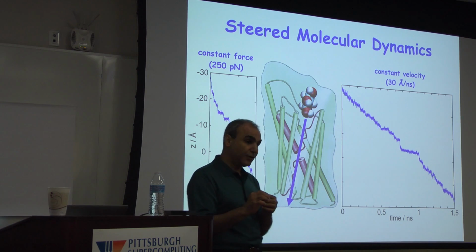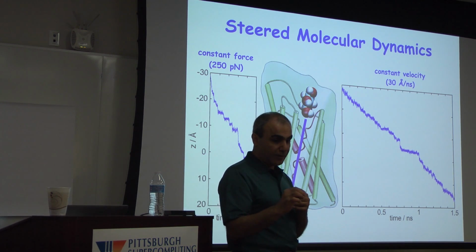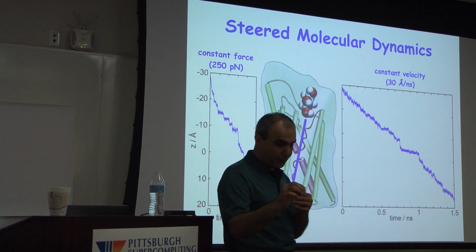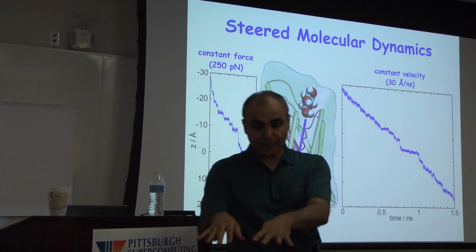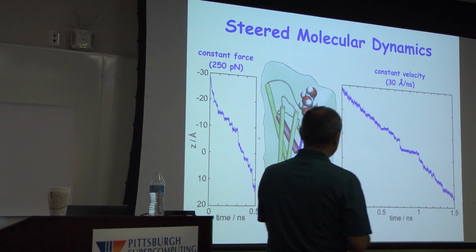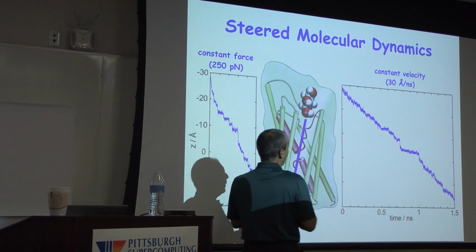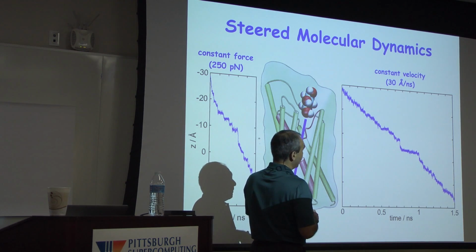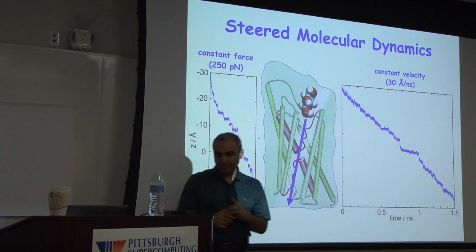So you just increase it as much as necessary. Once you reach a good force for me to cross the first barrier, I start to follow, and the force drops. So this is the most common way of applying SMD in NAMD.